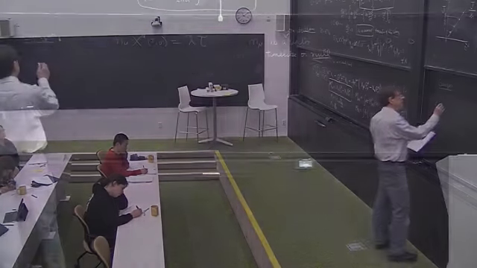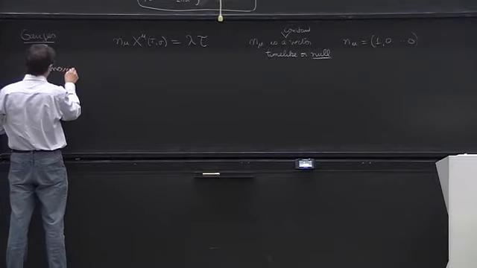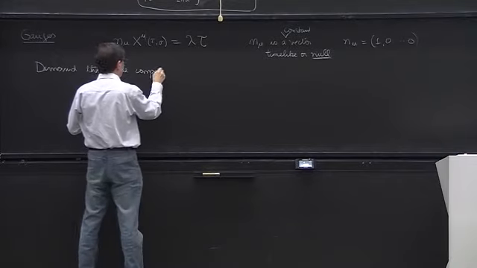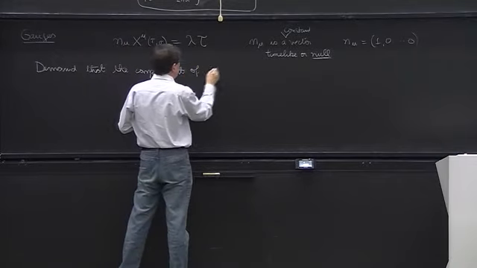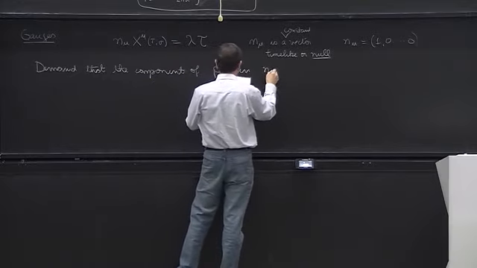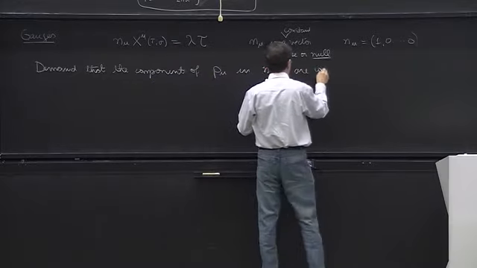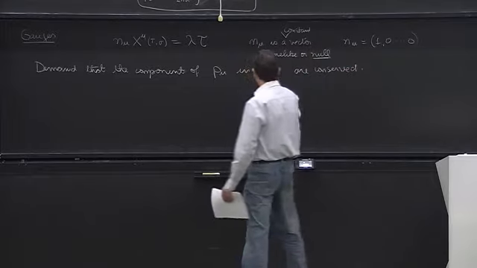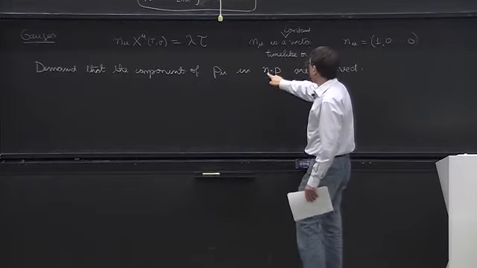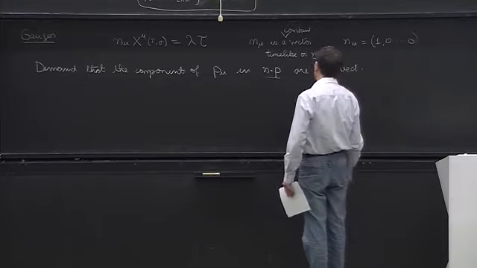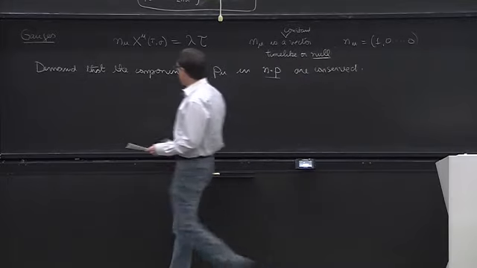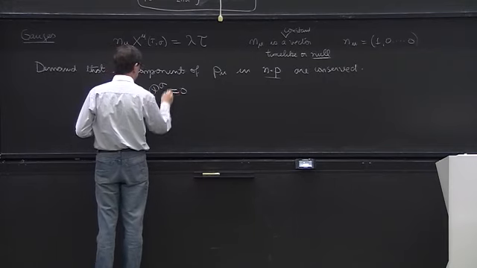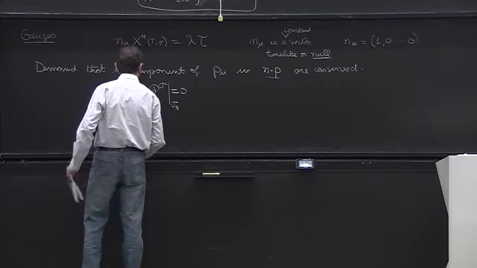And we're going to demand, in order to make this work, that the components of p mu in n dot p are conserved. N dot p will involve some product of momenta, and I want all of those to be conserved. So I want n dot p sigma to be 0 at sigma star, any sigma star.